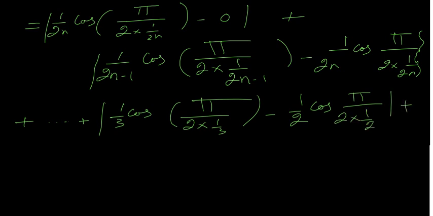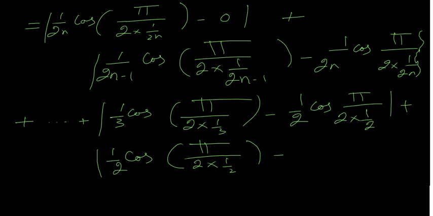Plus the last one is f of 1 by 2 minus f of 1, which is 1 by 2 times cos of pi divided by 2 into 1 by 2, minus 1 into cos of pi by twice x, x is here 1.